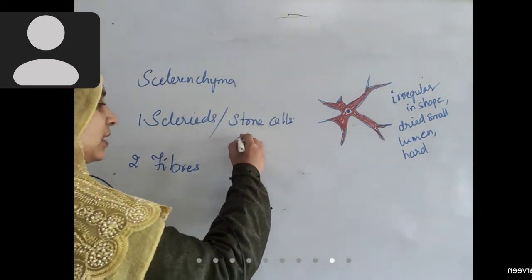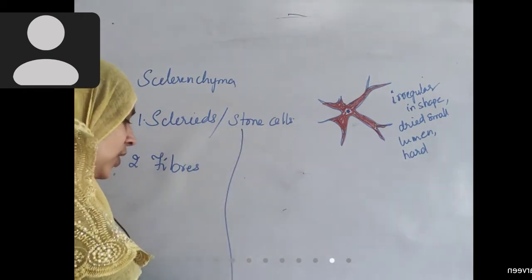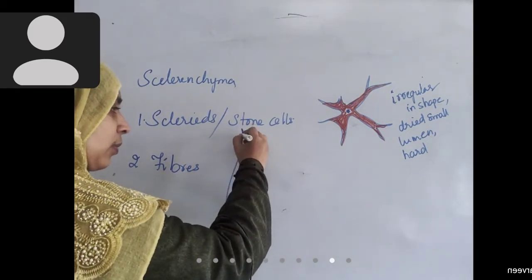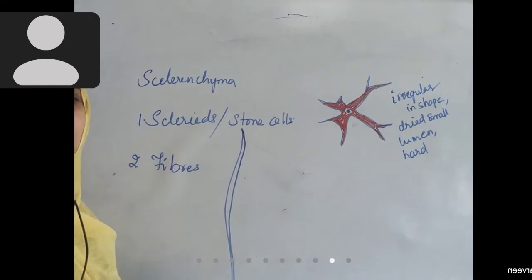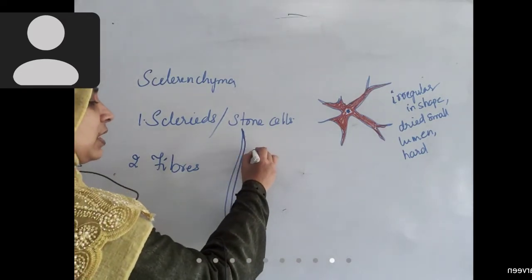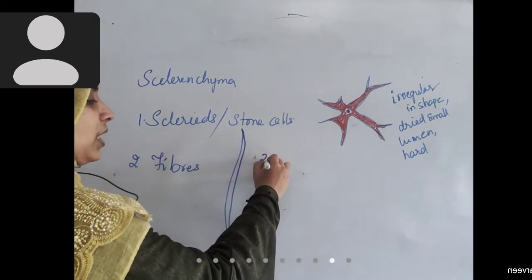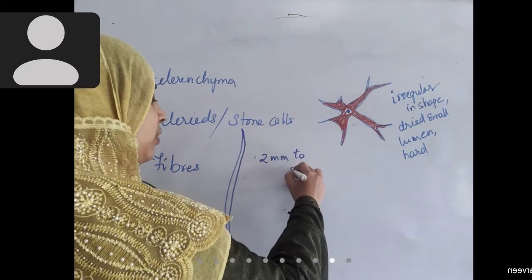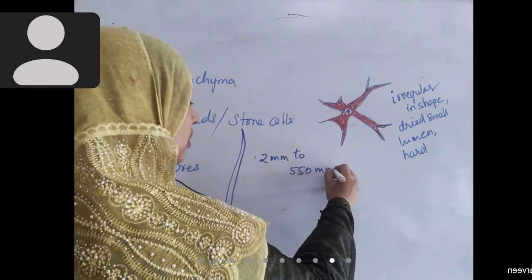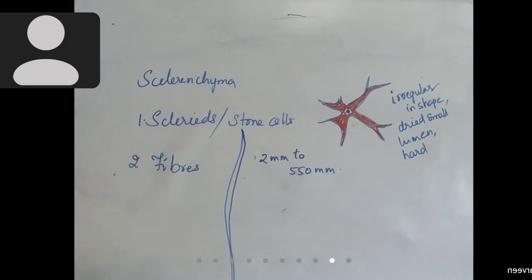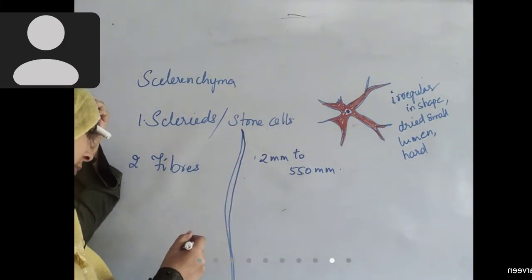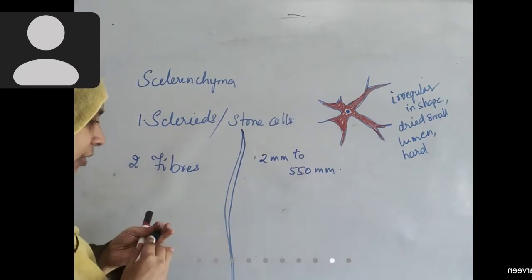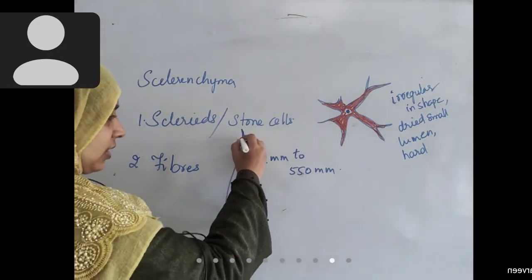What about fibers? Fibers are long cells with pointed ends like this. These fibers may be from 2 millimeter to 550 millimeter. Inside these fibers also lumen will be there, but dried lumen, very small lumen, and the secondary cell wall deposition is very thick.